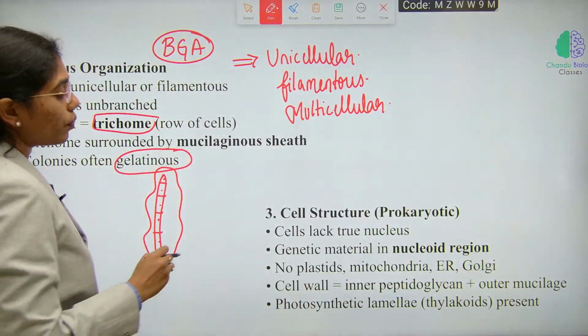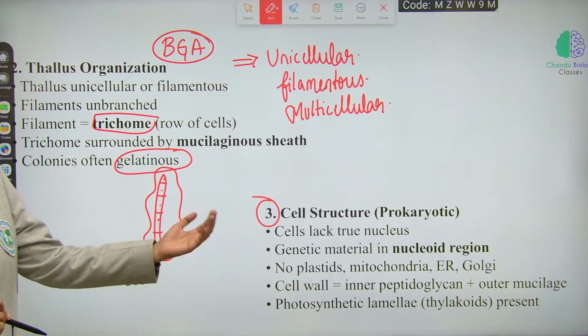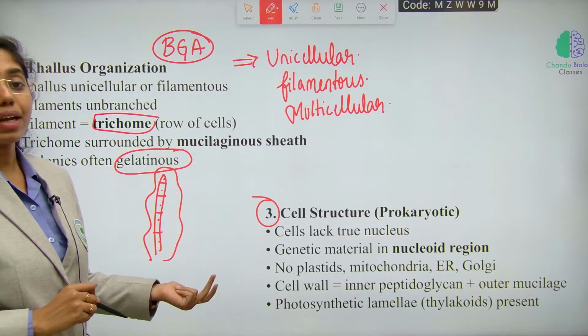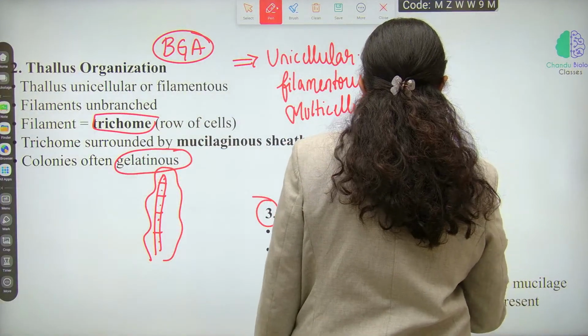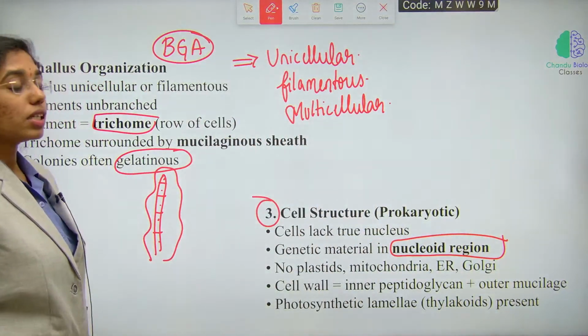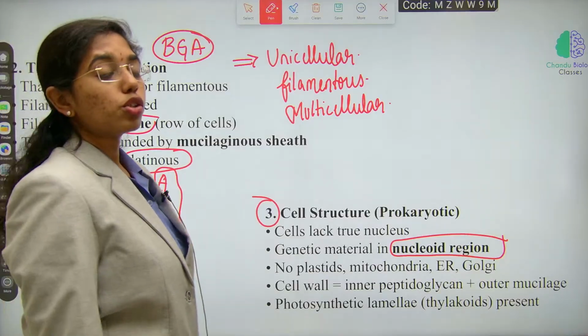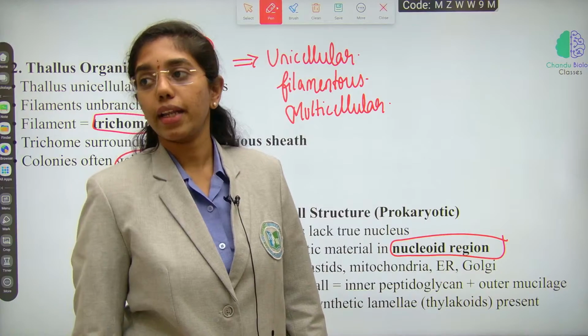Here we go with cell structure, which is prokaryotic. Cells lack a true nucleus. Genetic material is present inside the nucleoid region, so there is no well defined nucleus in the cells of cyanobacterial members.